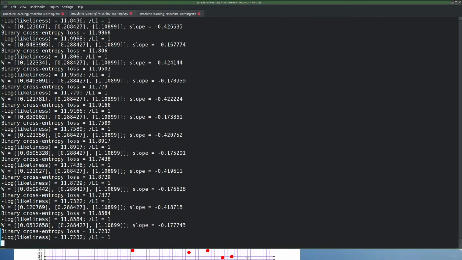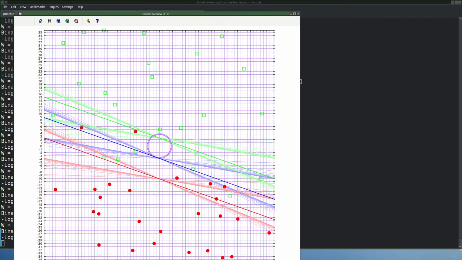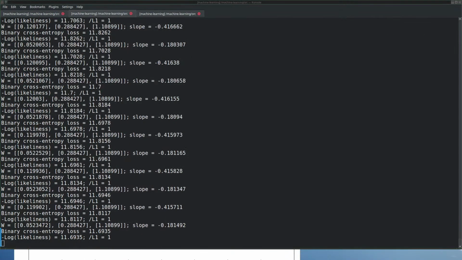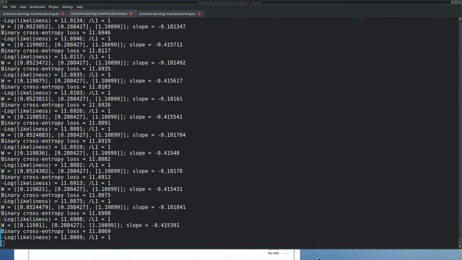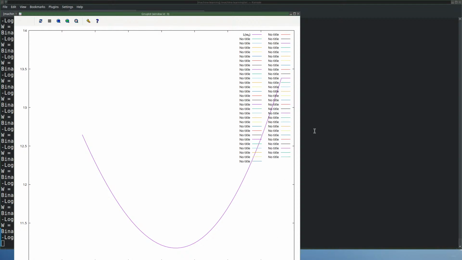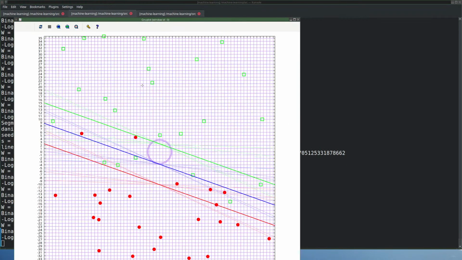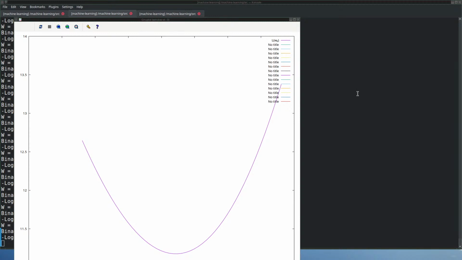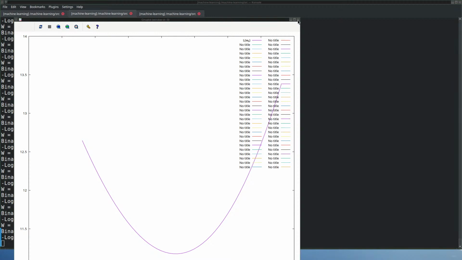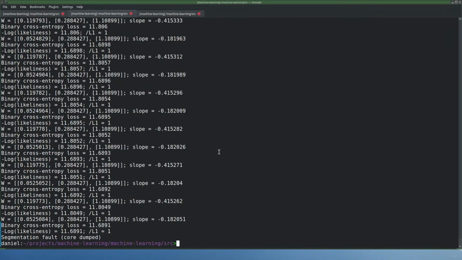Oh, no. Even that doesn't work. Oh wait, it's under here. Well, it's crashing. I don't see anything being drawn at all. And as you can see, the no title did not work.